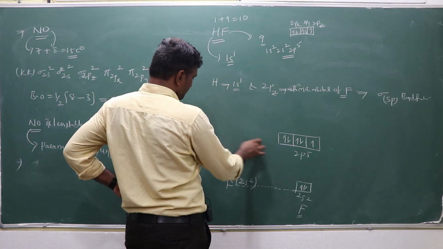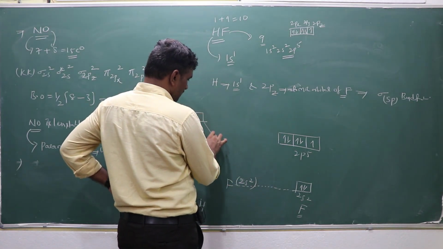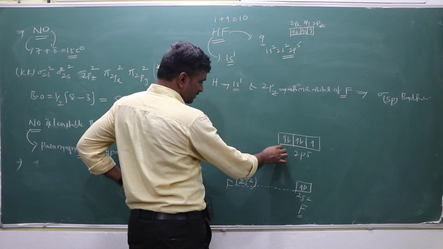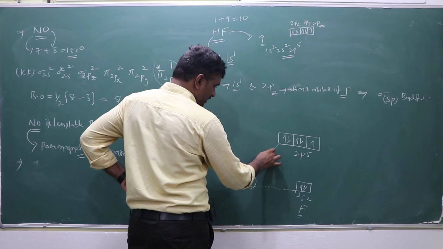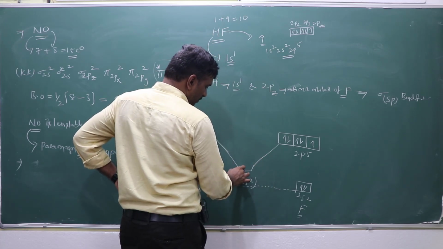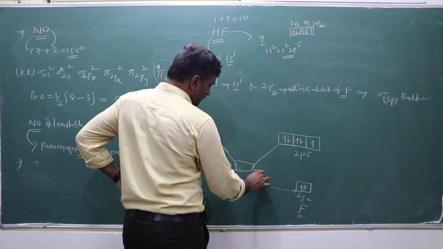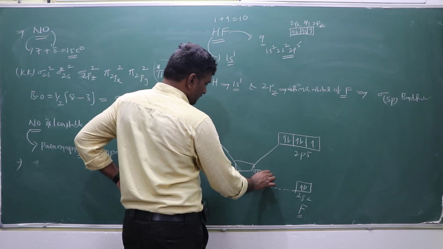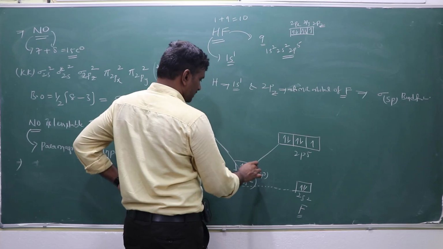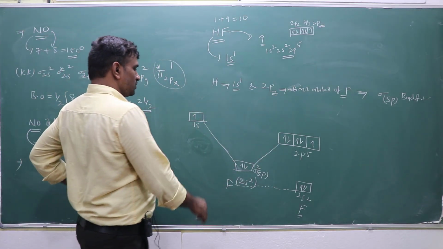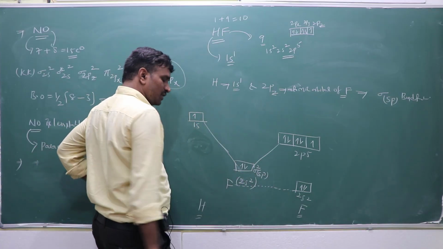Next, the bonding of the 1s of the hydrogen atom and the 2pz of the fluorine takes place, forming a sigma sp bond.